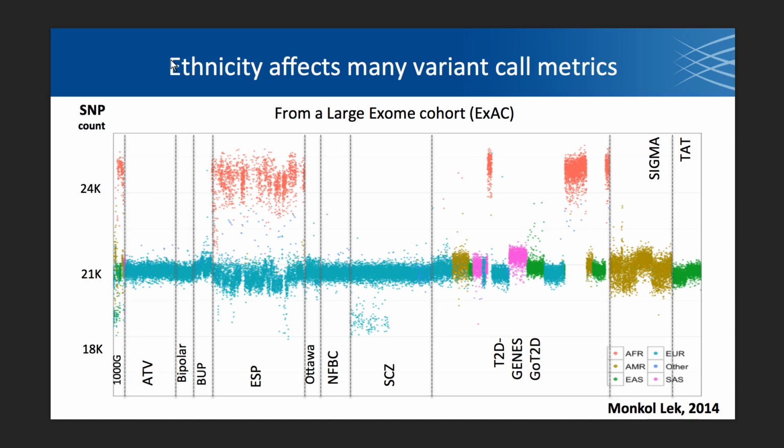Okay, so you can see there's lots of dots, one for every individual, but you see that all the Africans are up here, and then you see the Europeans here. This doesn't separate the Finns out separately. Maybe these are the Finns. This is schizophrenia.